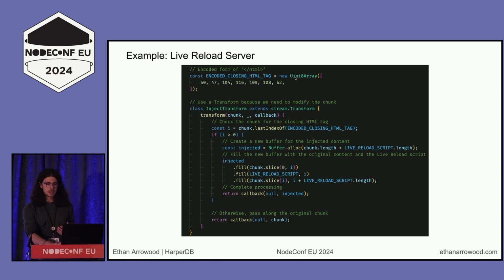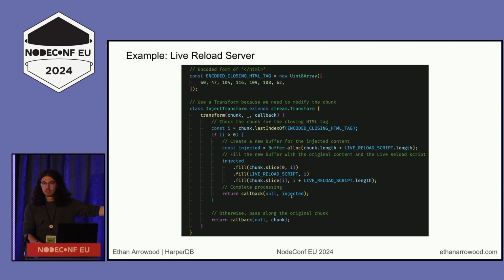If that exists, we're going to create a new chunk, which is just a buffer of the length of the chunk plus our live reload script. And then we're going to inject that live reload script right before the end of our HTML tag, because this really is just a script tag with WebSocket stuff in it. And then we use the callback to send that injected chunk back to our stream. And if you don't see this closing HTML tag, you just return the chunk as is. You don't do anything to it.